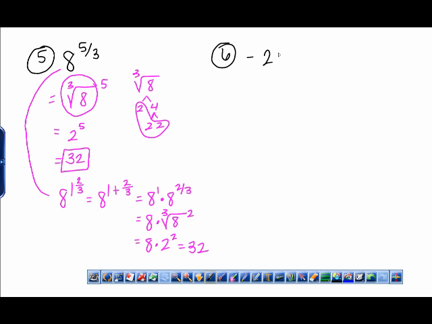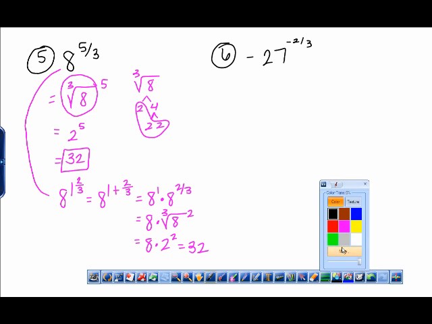Okay, last simplifying one. Let's say we have negative 27 to the negative 2/3. Now, before I continue, I'm not even going to let you try to make a mistake that many students would make. This negative right here in the beginning is not taken to this power, and that may or might not make a difference. In this case, it would, though. If I wanted this to be negative 27 to the negative 2/3, I would write parentheses around negative 27, but there are no parentheses.